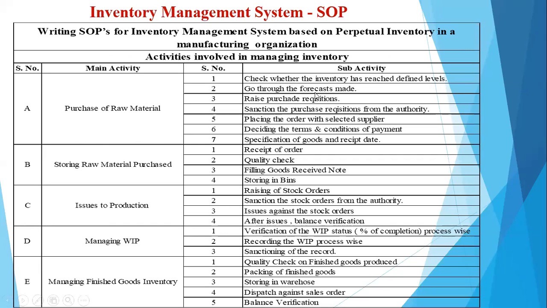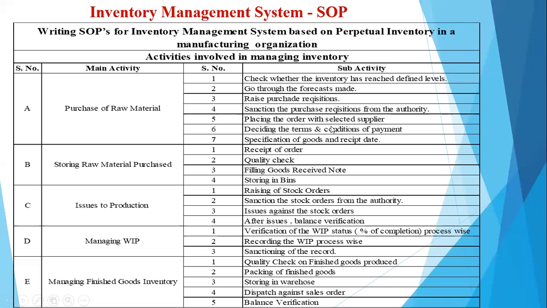Then while doing so, we'll also be looking into the forecasts made by the forecasting department. Then we raise the purchase requisitions and get them sanctioned by the respective authority, who will again check the different types of raw materials being ordered.